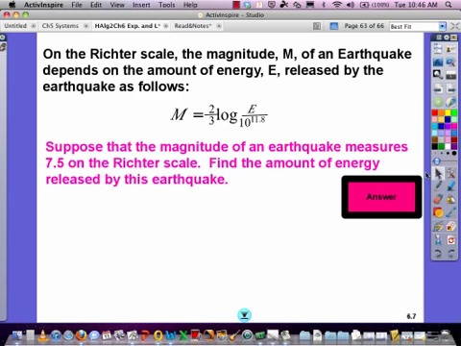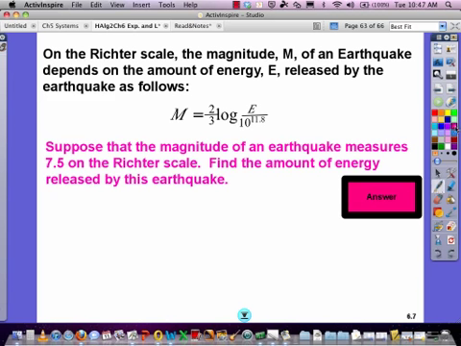So, on the Richter scale, and we know that's for earthquake magnitude, the magnitude M of an earthquake depends on the amount of energy E released by the earthquake as follows. M equals 2/3 times the log of the number E divided by 10 to the 11.8 power. Now, suppose that the magnitude of the earthquake measures 7.5 on the Richter scale.